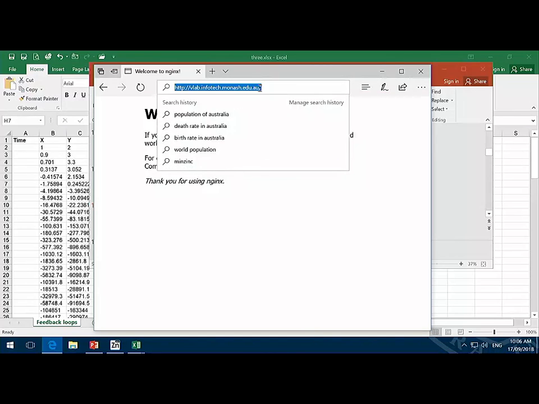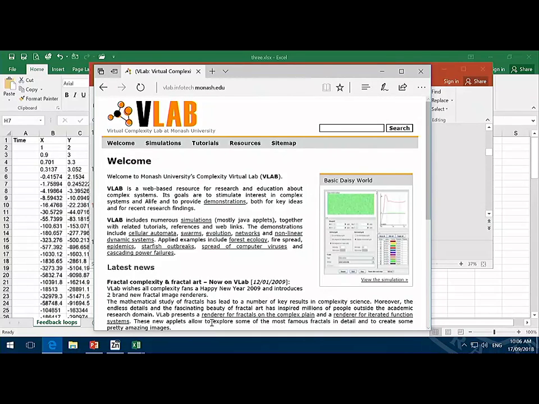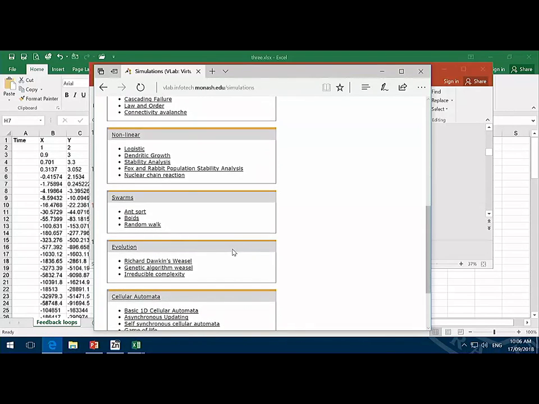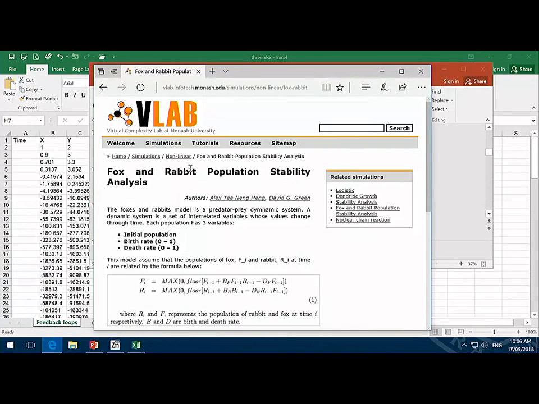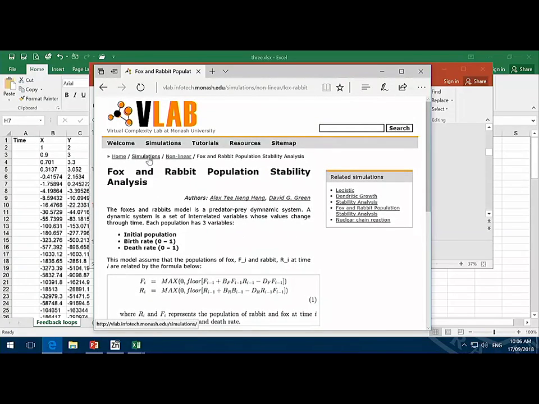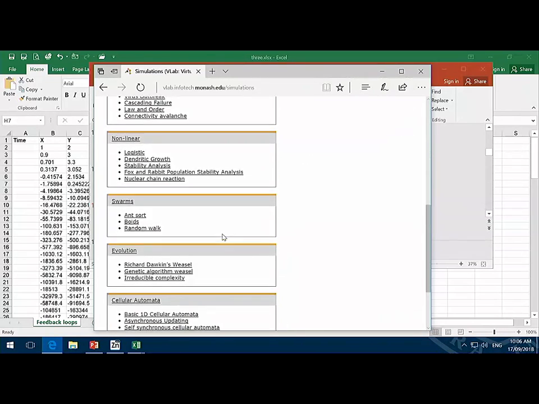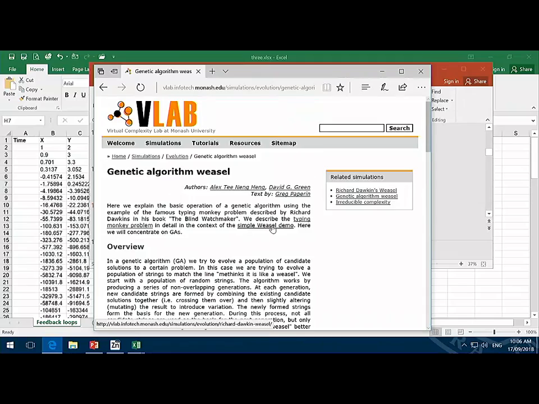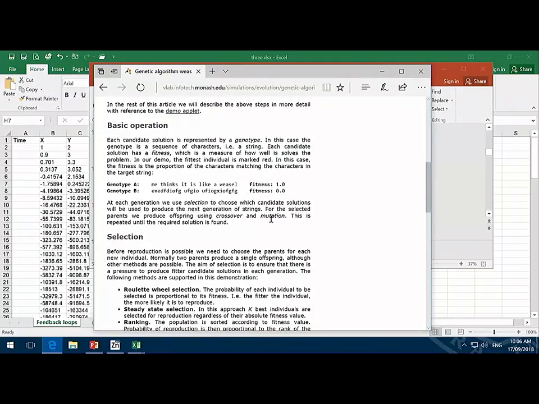Yeah, this is a problem because I haven't enrolled. Okay, so hopefully I can look at least at the information. Oh, here. So you can play with them there. But if we go to the GA, okay, selection.